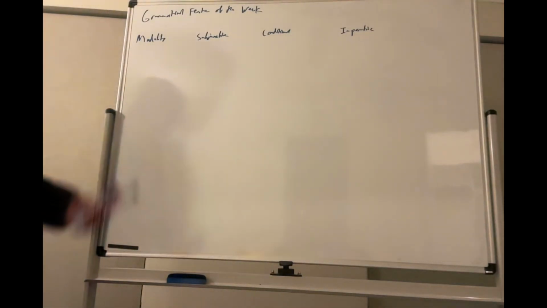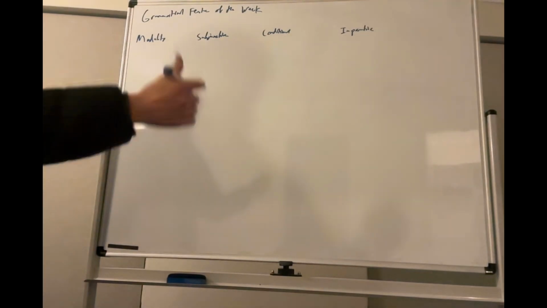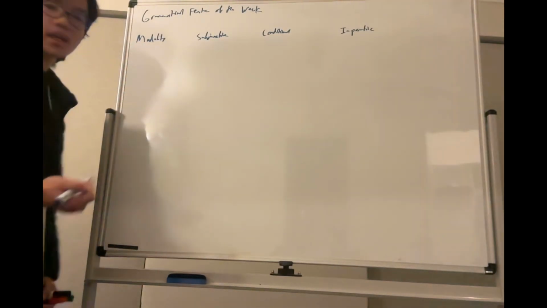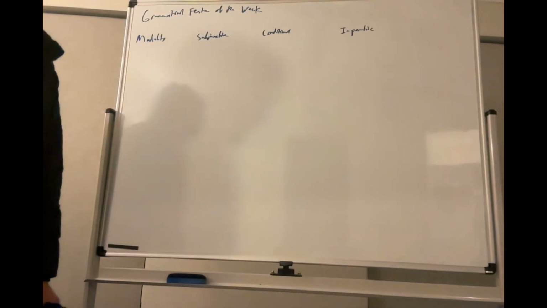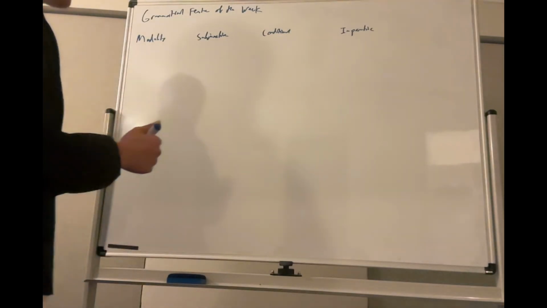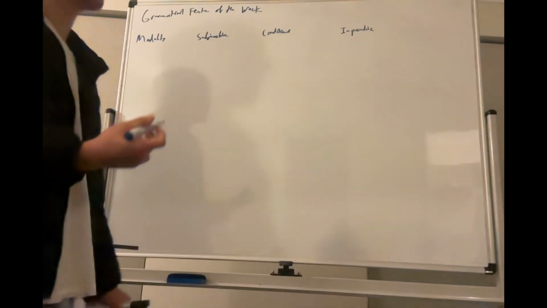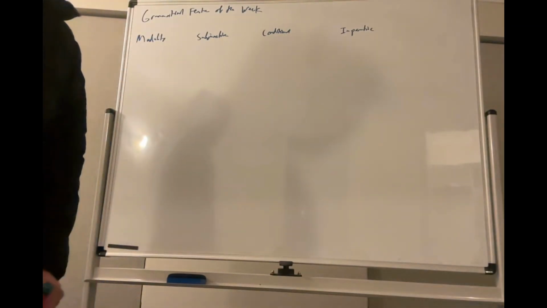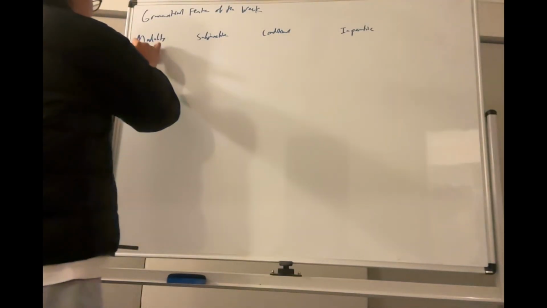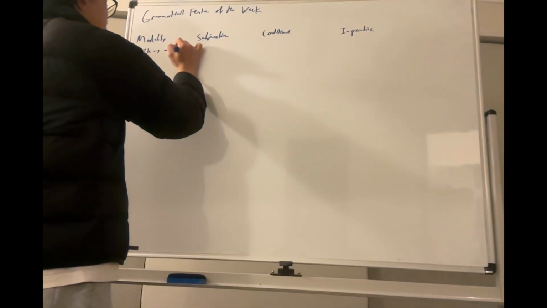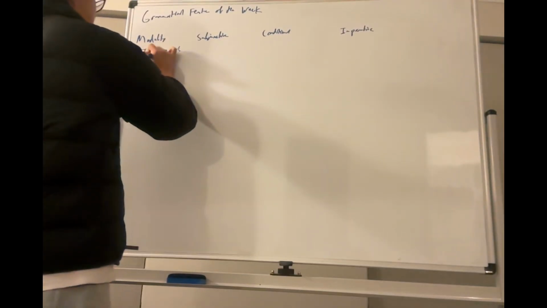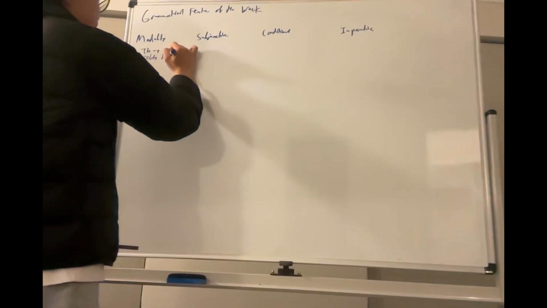Right, so what is modality? Well, if tense is the way a verb can relate to time, and if aspect is the way a verb can extend over time, then modality is the way a verb relates to reality.